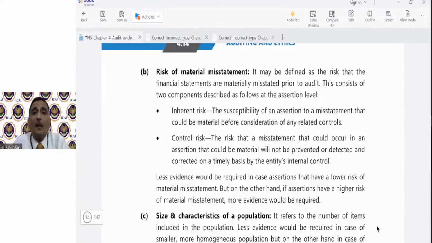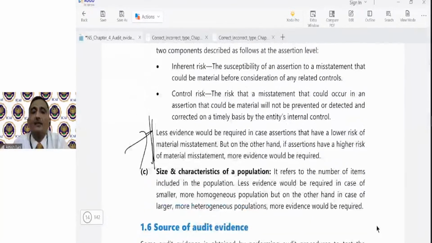But if the risk of material misstatement is low, that means that chances of material misstatements happening in financial statements is low, then less evidence would be required. So same thing is written here. So these are general things, students.